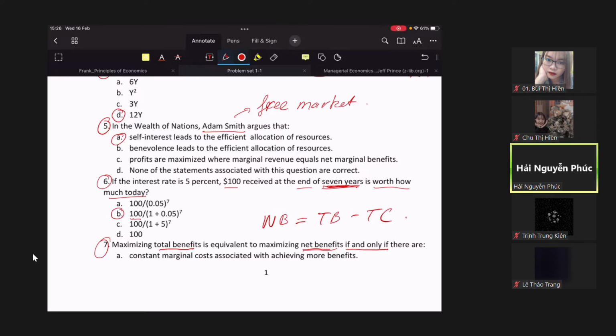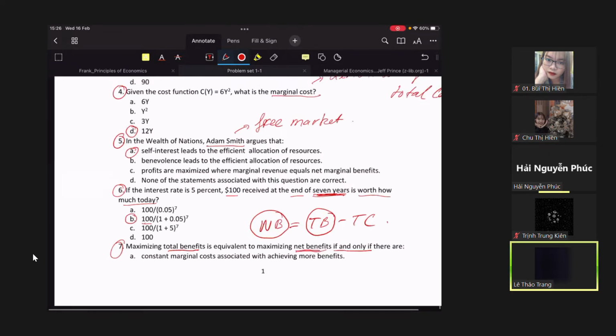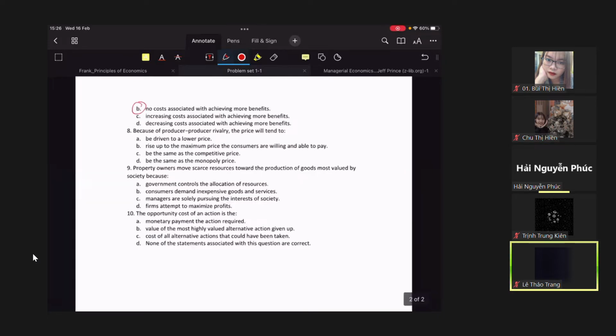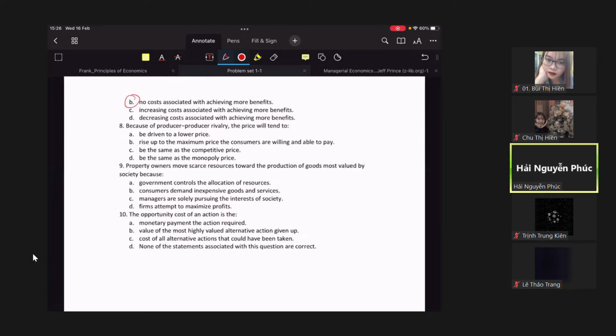So under which condition is maximizing total benefit the same as maximizing net benefit? What do you think? No cost, B. Yeah, that's correct. The correct answer is no cost associated with achieving more benefit.